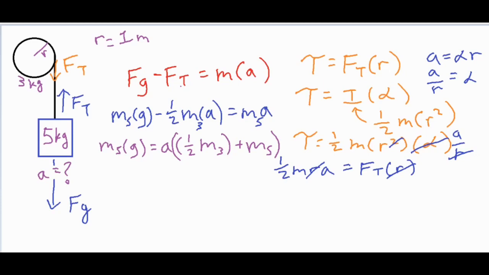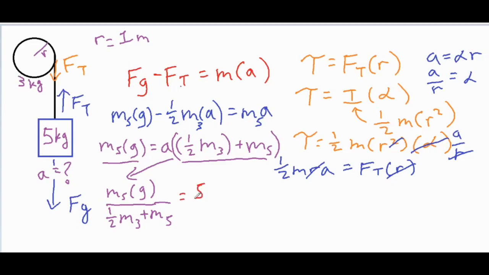All right, so what I can do is go ahead and divide both sides by this value over here, which is basically the same thing as cross multiplying it under here. And that's going to leave me with the mass of the 5 kilogram block times g divided by 1/2 mass of the 3 kilogram disc plus the mass of the 5 kilogram block. Now we can go ahead and plug in our values.